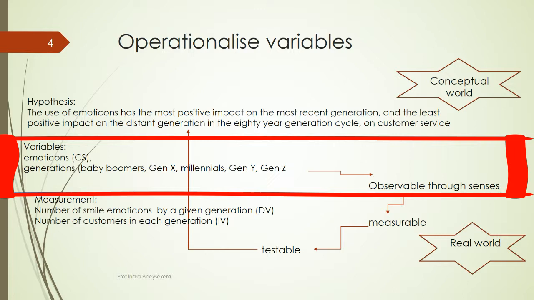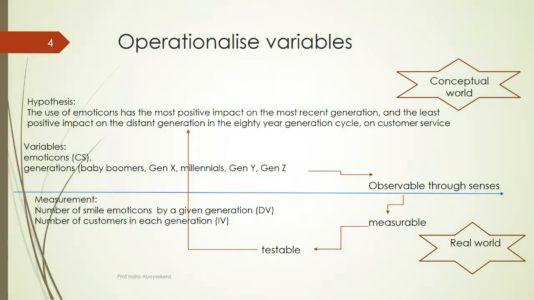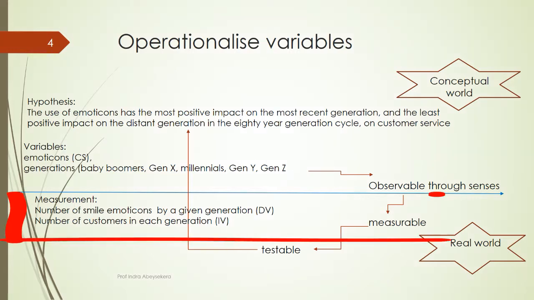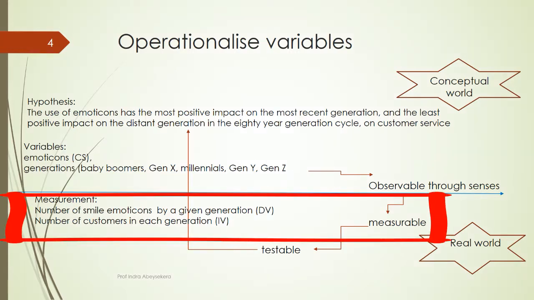We can observe these through our senses. But we haven't measured. To measure the generations and emoticons, we have to come up with an attribute. For emoticons, we can measure the number of smile emoticons provided by a given generation.